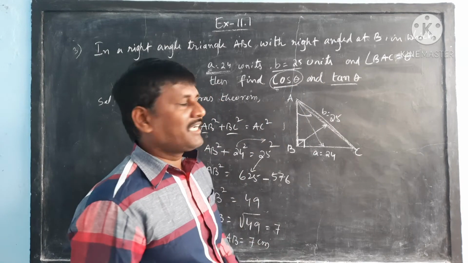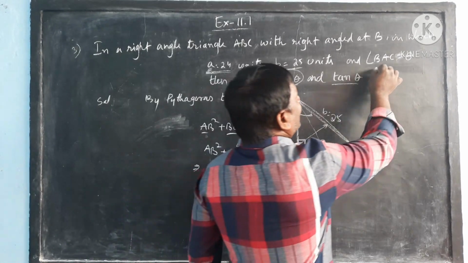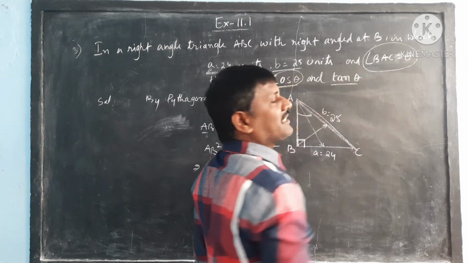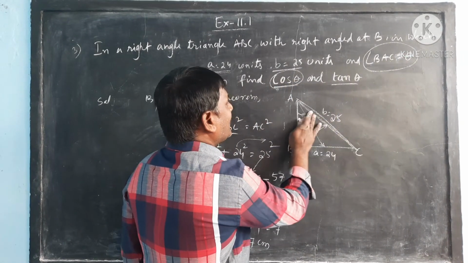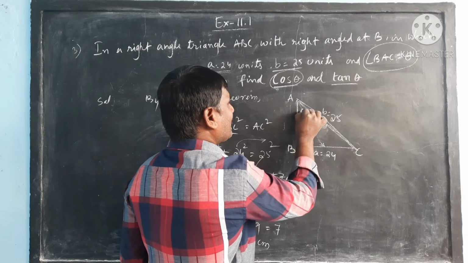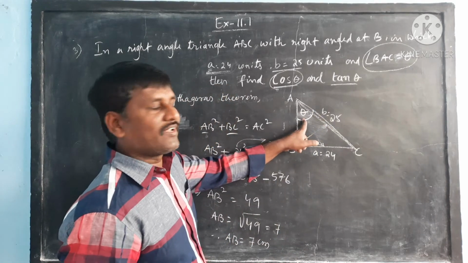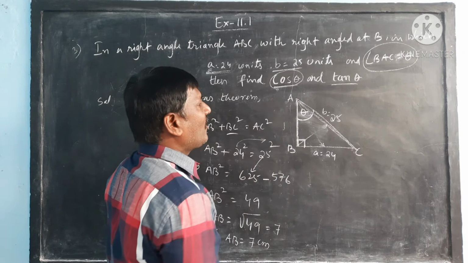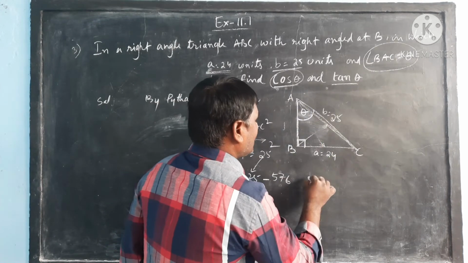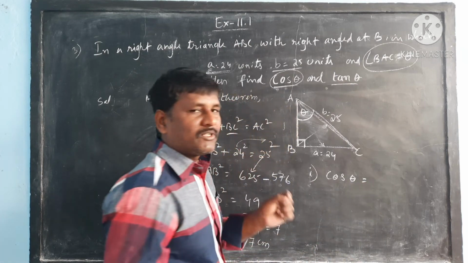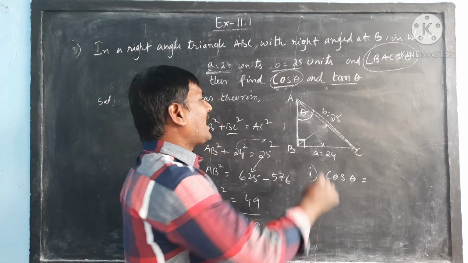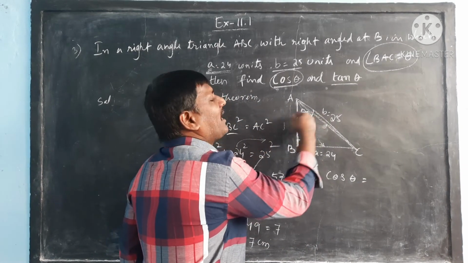Now the question asks for cos theta. You have to select theta. Where is theta? The question says angle BAC is theta. So theta refers to angle A. Now we have to find cos theta. Cos theta is the side adjacent to theta by hypotenuse.